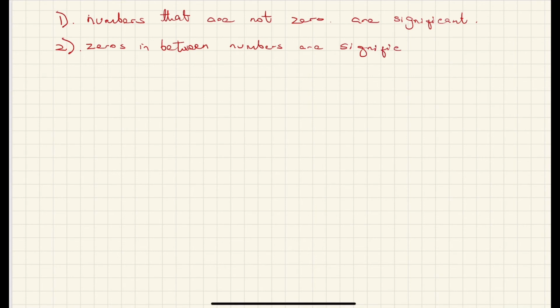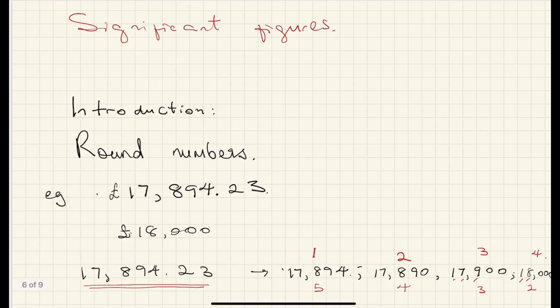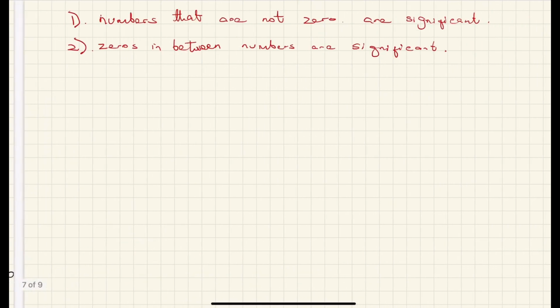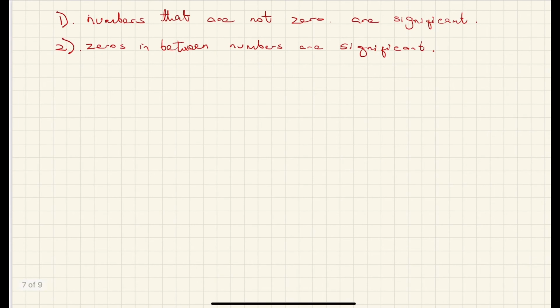Let me explain what that means. We already know that significant figures are, from the previous example, the number of figures that you keep in approximating. So zeros in between numbers are significant. What that means, so for instance, if my salary was 308,456, okay, and as usual, tell me, all right, give me in round numbers.